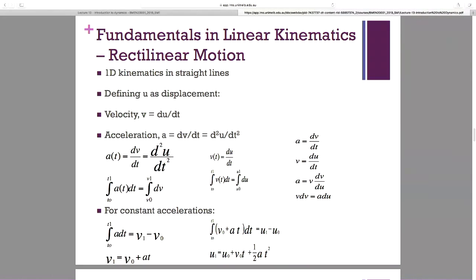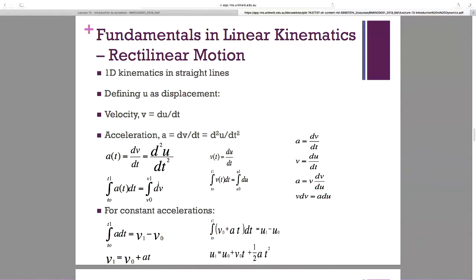So what I've put up here are some fundamental equations that I expect you to know, or at least learn within the next couple of weeks, so that we can use them routinely.